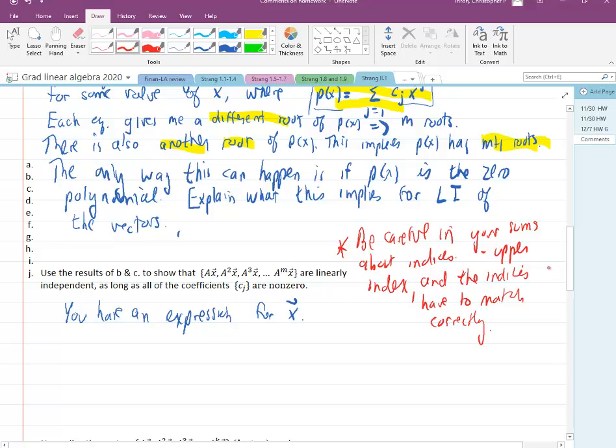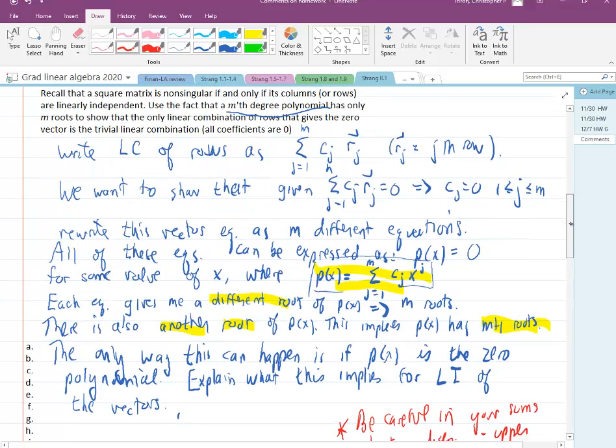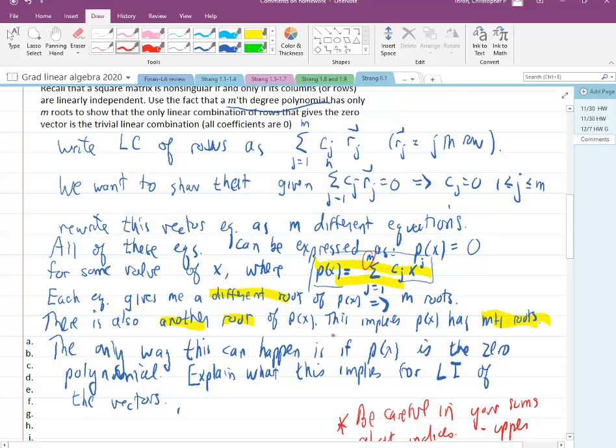For instance here, this number here, that's important. Don't just write sum with no limits. The limits are important. You have to tell what they're through. These indices have to agree properly. If I put an m here, that's not correct. Make sure that your indices make sense.